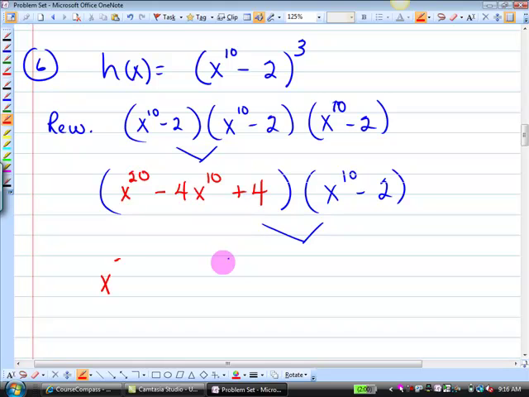You should get x to the 30th minus 4x to the 20th plus 4x to the 10th. That's the first term multiplying. Then you have minus 2x to the 20th plus 8x to the 10th minus 8. So I just took each term and multiplied it by that.